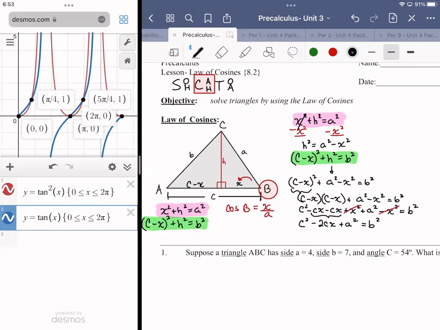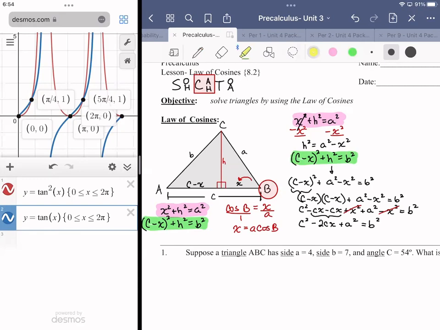That brings us back to this expression, because if I put that cosine b over 1, I can cross multiply. X times 1 is x. A times cosine b is a cosine b.